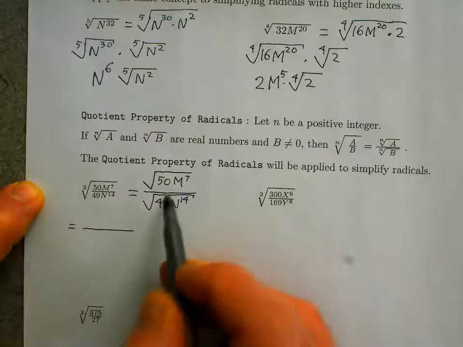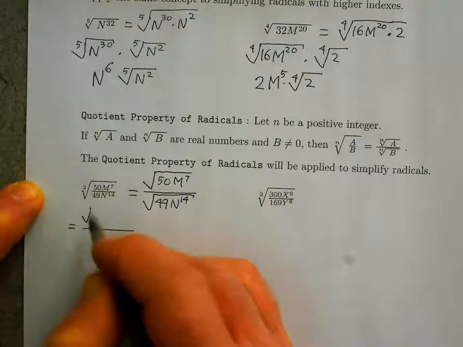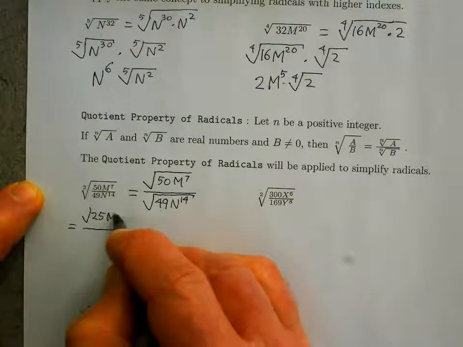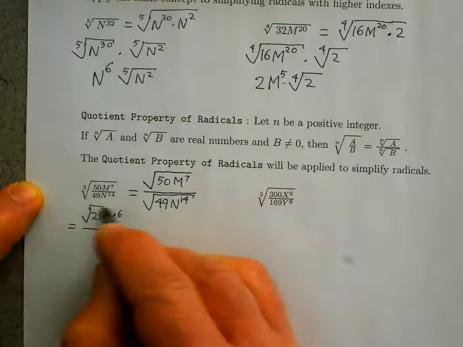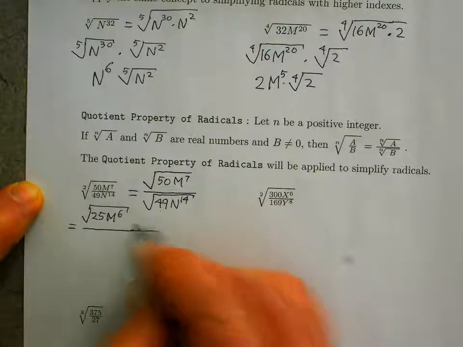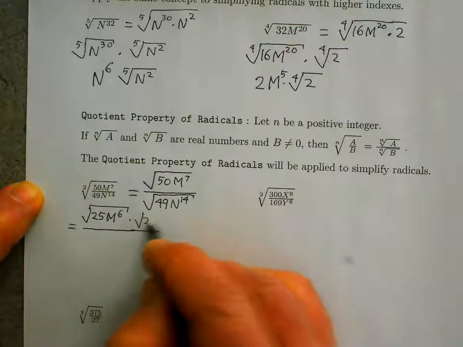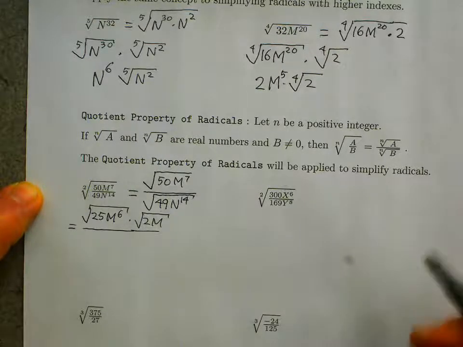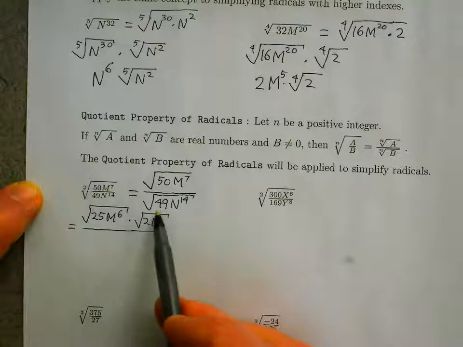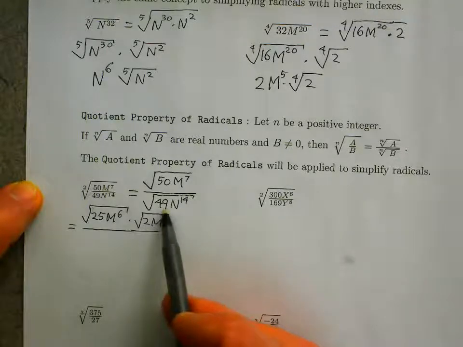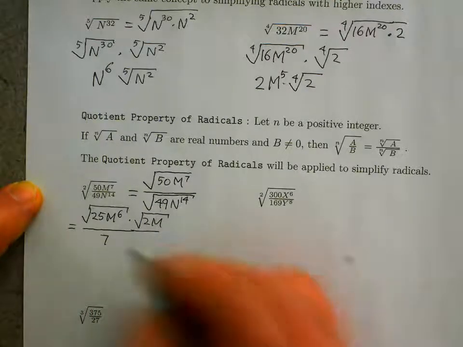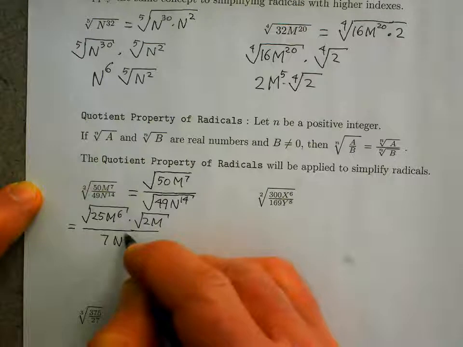In the numerator, we rewrite this as the square root of 25m to the 6th multiplied by the square root of 2m. And in the denominator, we can simplify this all at once. The square root of 49 is 7. The square root of n to the 14th is n to the 7th.